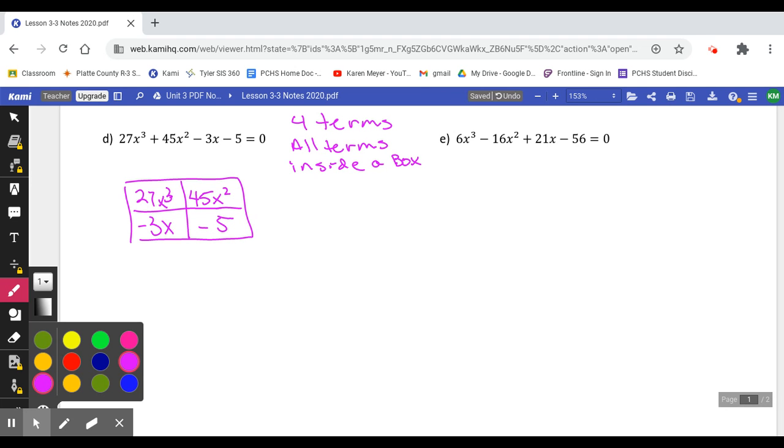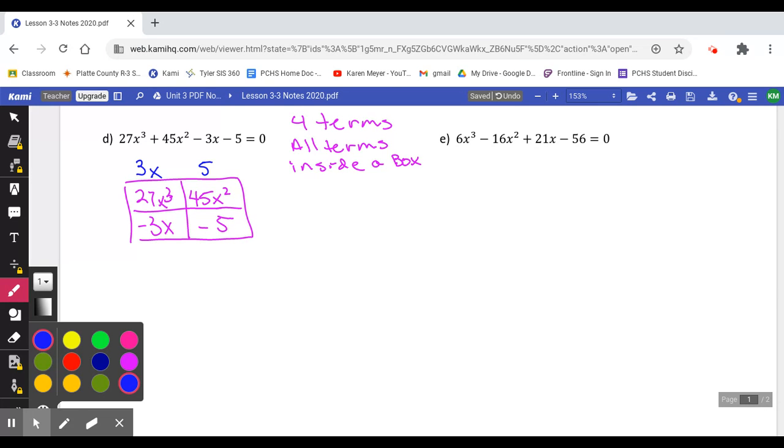Now all you have to do is GCF, take out what they have in common. Up and down, both numbers are divisible by 3, and each one has an x. Up and down, both numbers are divisible by 5. That's it.